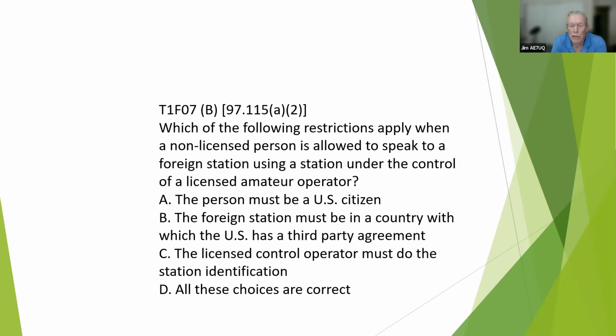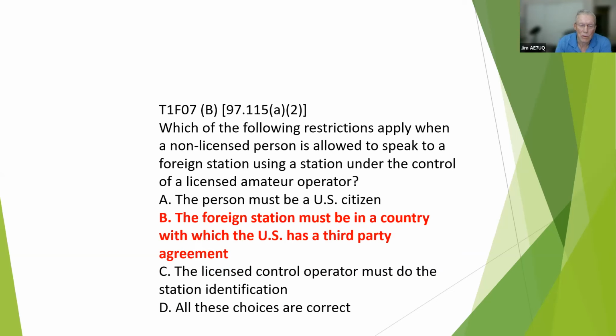Which of the following restrictions apply when a non-licensed person is allowed to speak to a foreign station using a station under the control of a licensed US amateur? Again, this is where the country is one with which the US has a third-party agreement. Now, I just mentioned going across the border and operating in Canada with a US license. Canada is one of those countries with a third-party agreement.